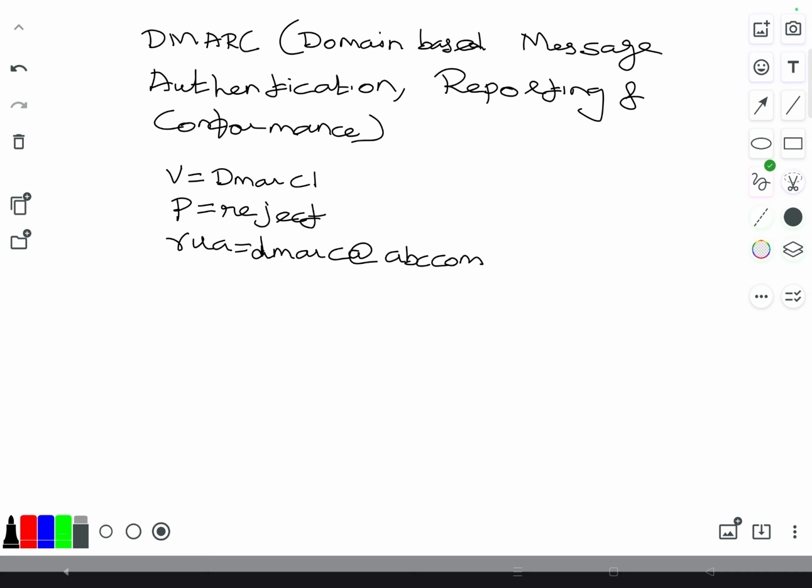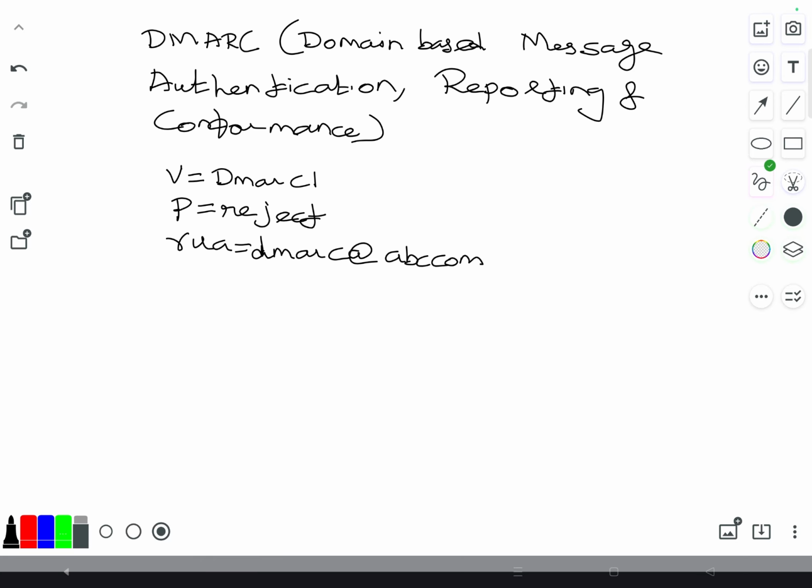There are three types of policies. One is p=none, where the policy is in monitor mode. Next is p=quarantine, where the mail will be sent to spam. The third option is p=reject, which means block the email completely.